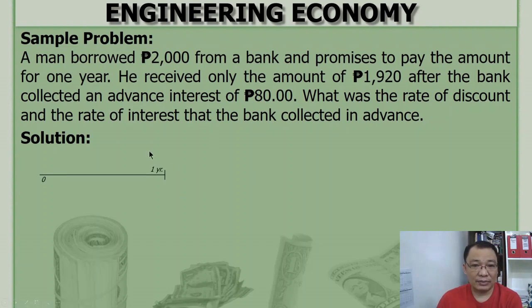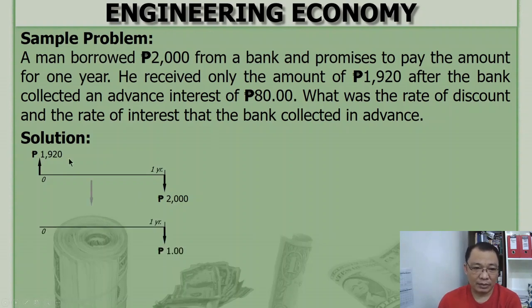So, in the cash flow, instead of receiving 2,000 for 1 year, he received only 1,920. The interest of 80 was deducted in advance. Again, convert this to 1 peso, so divide 2,000 as well as this one.